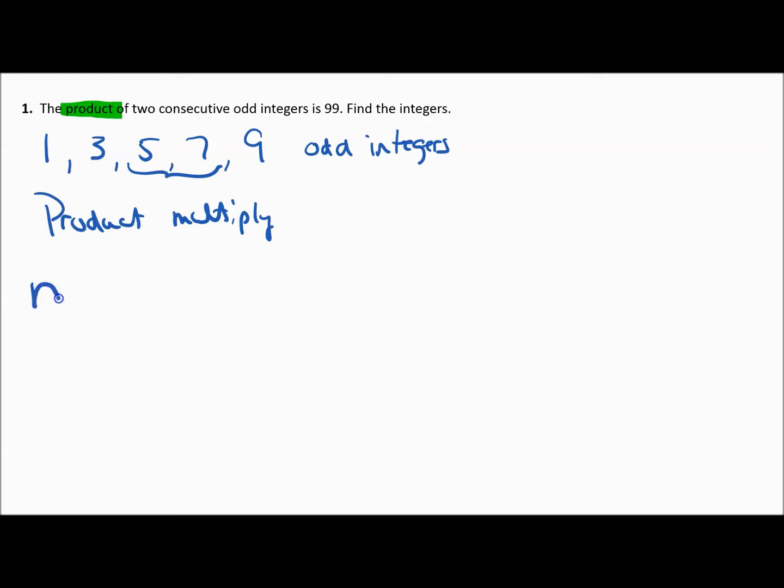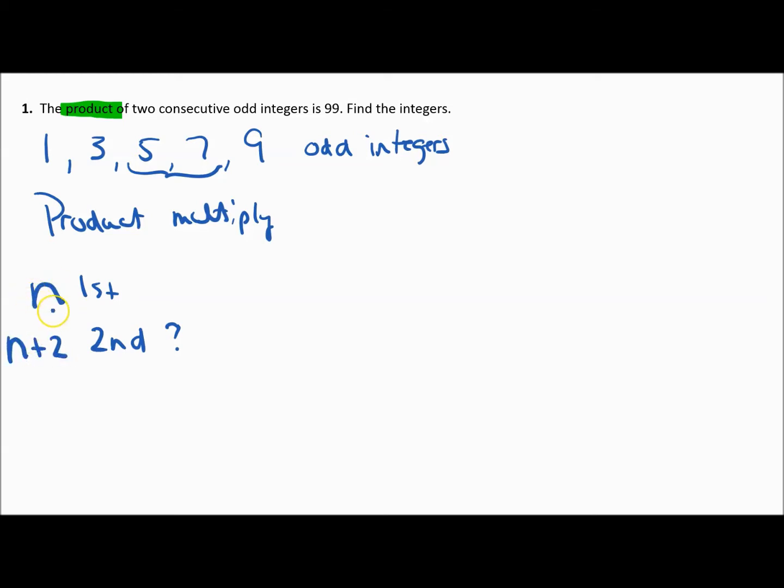So if n is the first one, then the question is how do I write the second one? Now notice the pattern. These are all 2 apart. You agree? Like 1 plus 2 is 3, 3 plus 2 is 5, 5 plus 2 is 7. So consecutive odd integers are 2 apart. So the next one would be n plus 2.